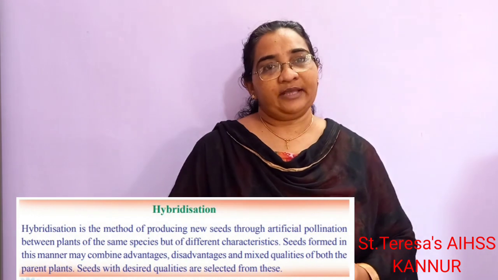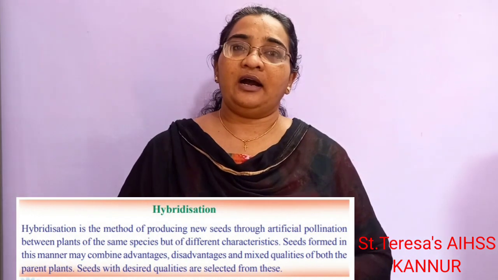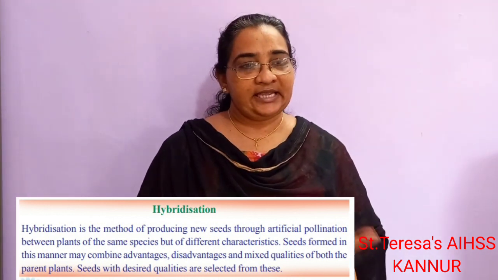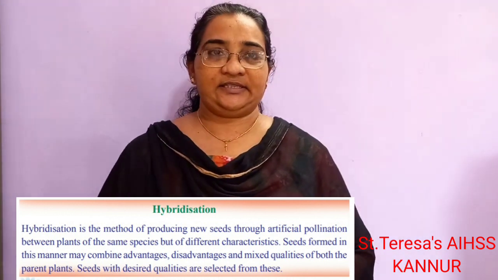Hybridization is the method of producing new seeds through artificial pollination between plants of the same species but of different characteristics. So what is hybridization? It is the method of producing seeds through artificial pollination. We learned about artificial pollination last year, isn't it?